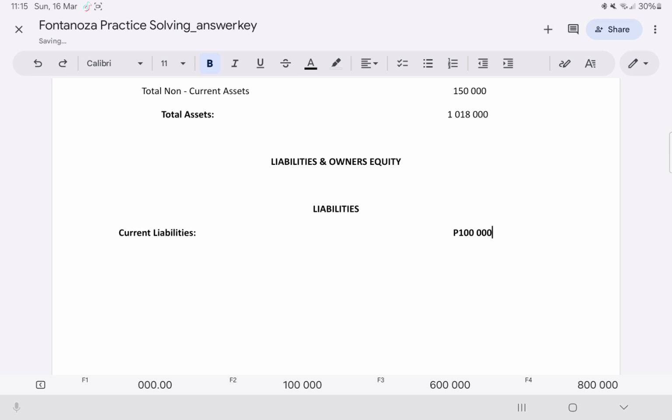Why did you put 100,000? You should first identify what accounting title is to be placed in current liabilities and non-current liabilities.